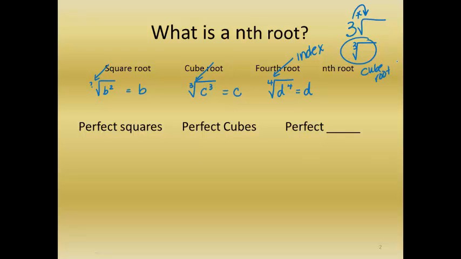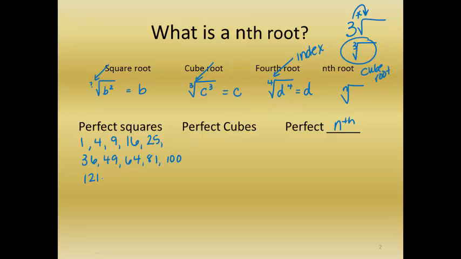So back to what is an nth root. An nth root is that we can actually have any type of root we want, that we'd be looking for perfect nths. So that's what's going to come here. So we're going to be talking about perfect squares. So it's good to refresh our memory on what our perfect squares are. 1 is a perfect square, 4, 9, I'm going in numerical order, 16, 25, 36, 49, 64, 81, 100.